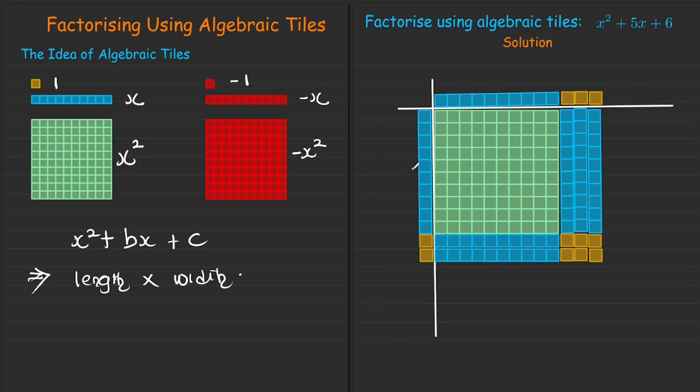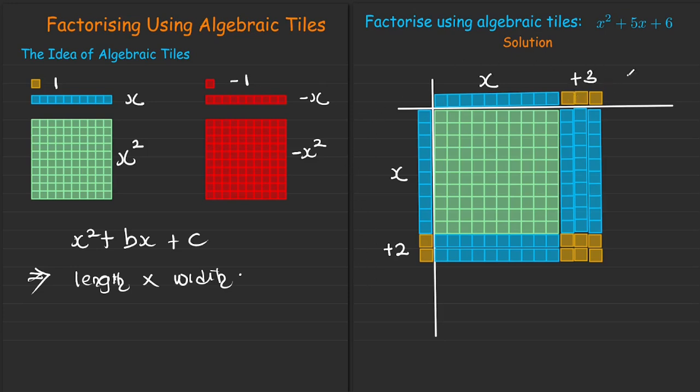For the length, we know 1 bar is an x. So we have an x, and then this becomes a positive 2. And as well, for the width, or for this side, we have an x, and this also represents a positive 3.